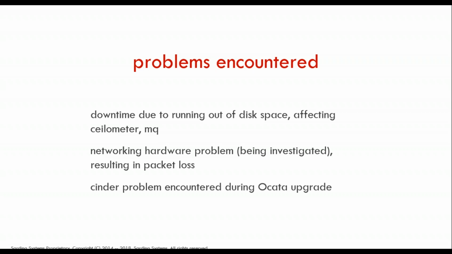This is still being investigated. It's likely a problem on the part of the hardware vendor with the wrong transceivers that they supply for part of the system. With Cinder, one of the OpenStack components, there was a problem encountered during the Okata upgrade. So Okata being one of the previous OpenStack releases.